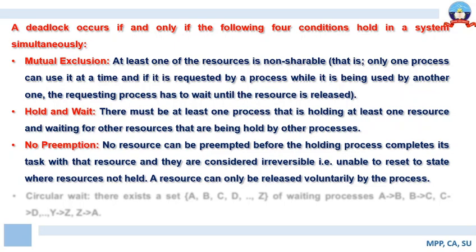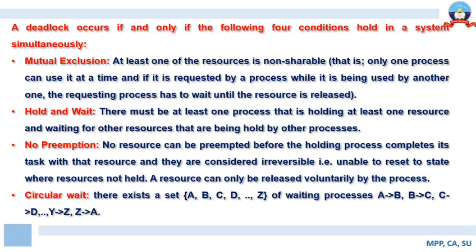A resource can be released voluntarily by the process, which depends on the need of the holding process. But no resource can be preempted. That implies whenever a resource is allocated to a process, until it's released, it is held by that process, and it releases it only on the completion of the desired task. So that is called non-preemption.